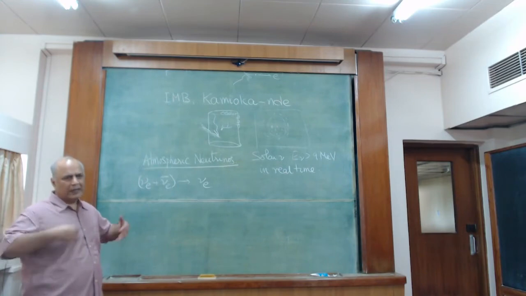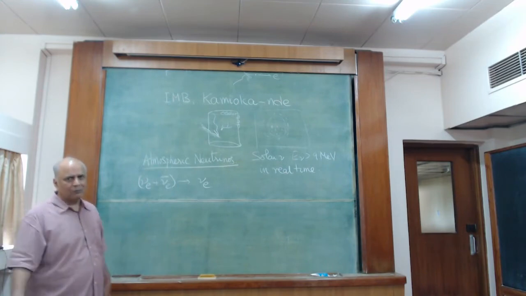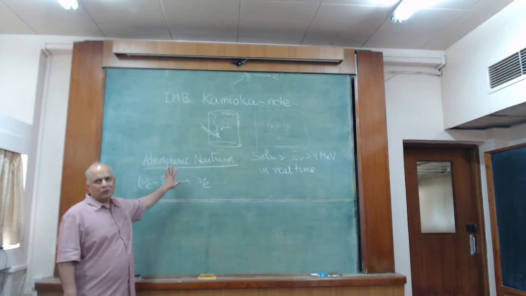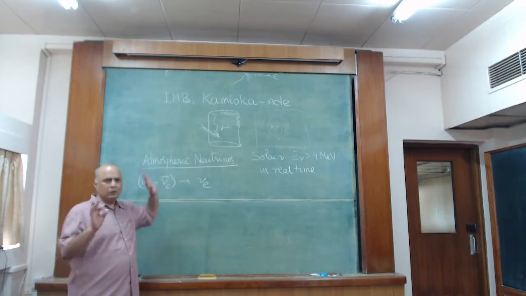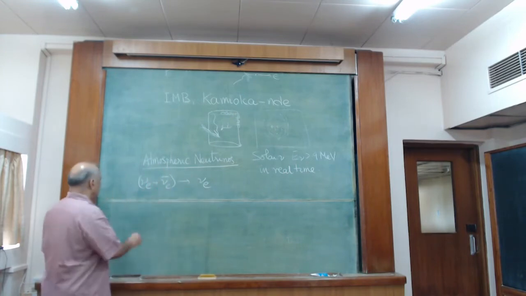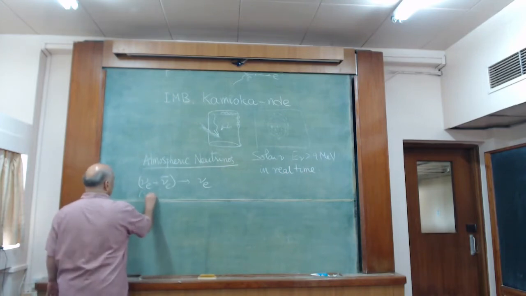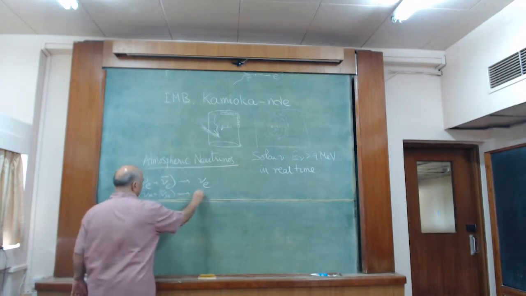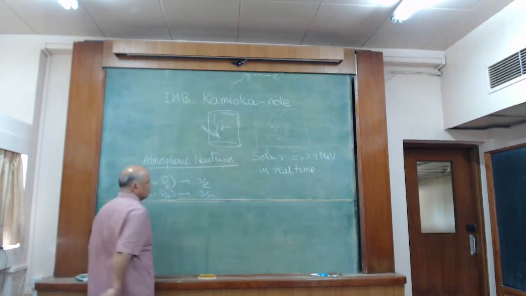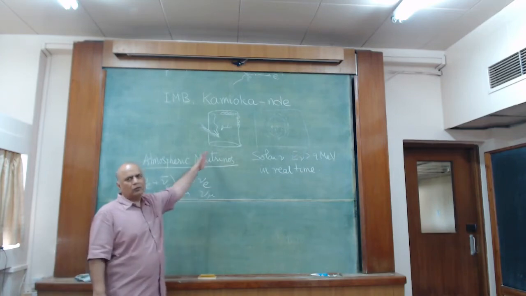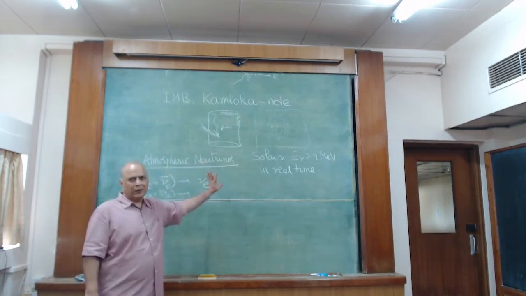Saying mu e plus mu e bar every time is a bit painful. So in the context of atmospheric neutrinos, when you say mu e interactions, you are talking about mu e plus mu e bar interactions. And similarly, mu mu plus mu mu bar are called mu mu interactions. Actually, they are called electron neutrino interactions and muon neutrino interactions.